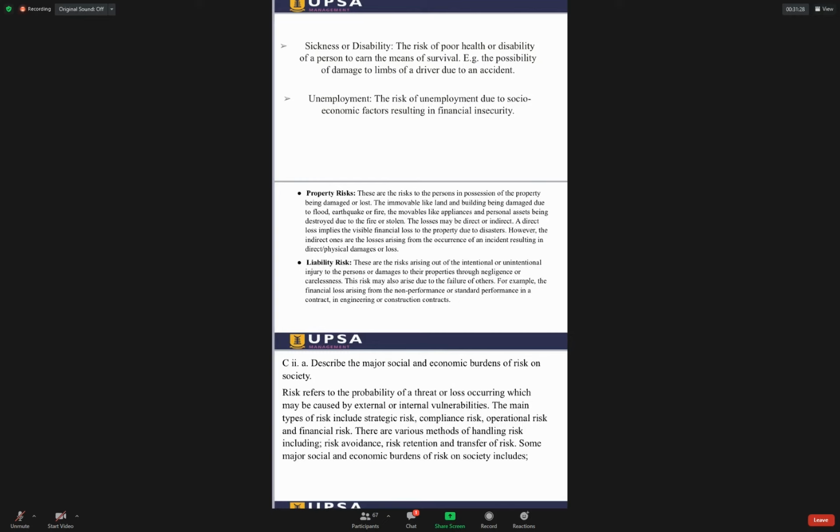So this thing, property risk, can happen to, let's say, your building or your land, because no matter the kind of technology that you have, nothing can really be done about a situation like an earthquake. Once your building is going down, there's nothing you can do to save it from falling.